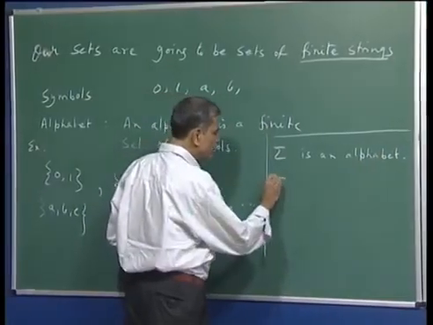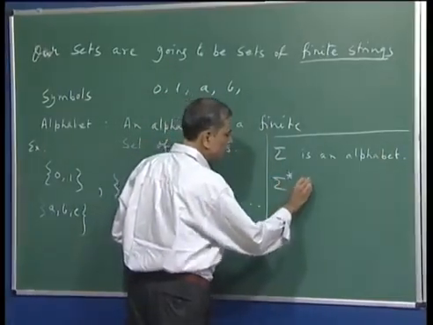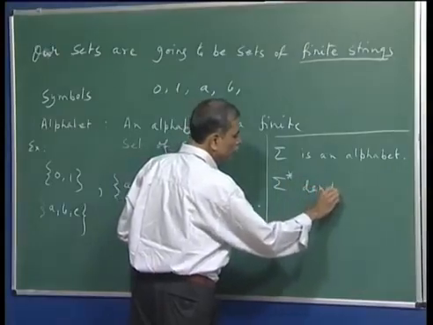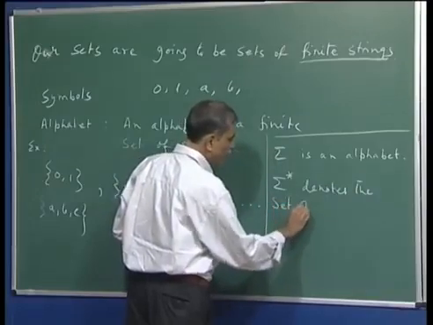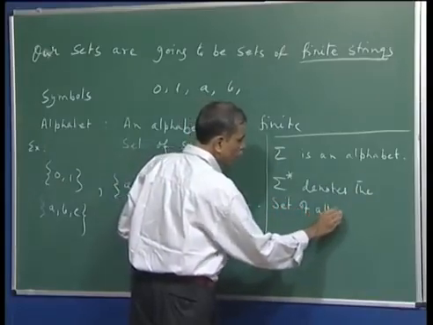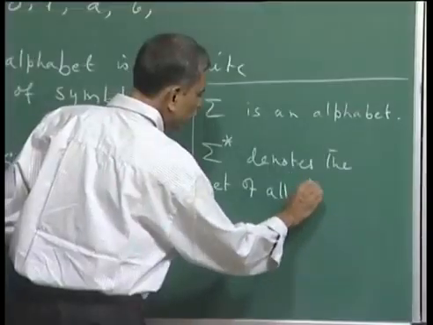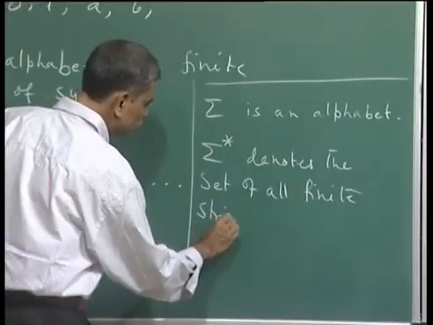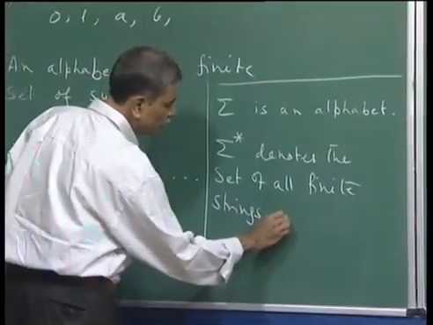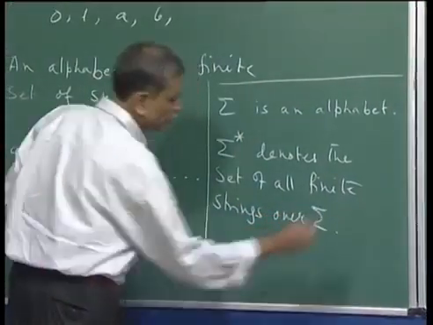Then sigma star denotes the set of all finite strings over sigma.